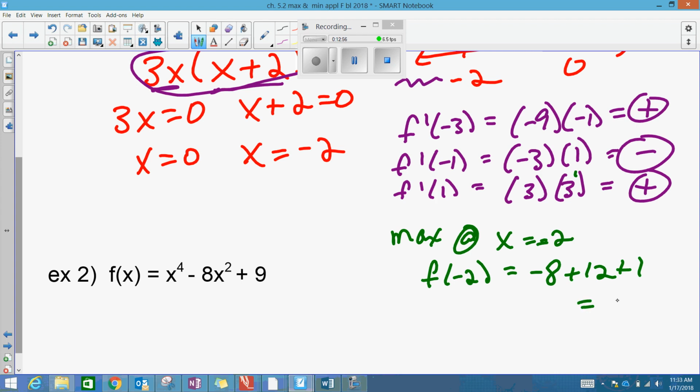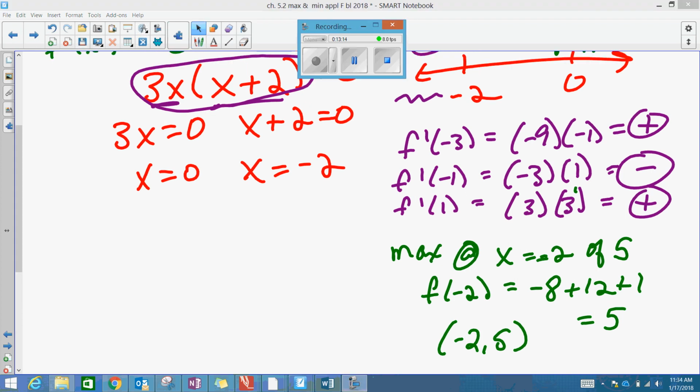And that equals 5. So -8 plus 13 is +5. So my max at -2 is 5. So that's going to create a point on the graph of -2, 5, which we'll get to in just a second.